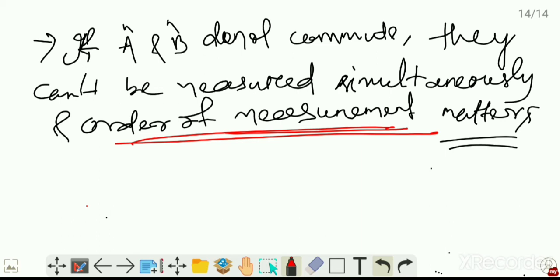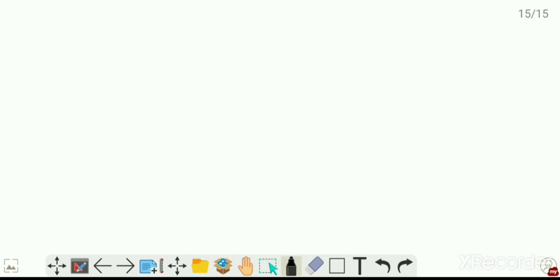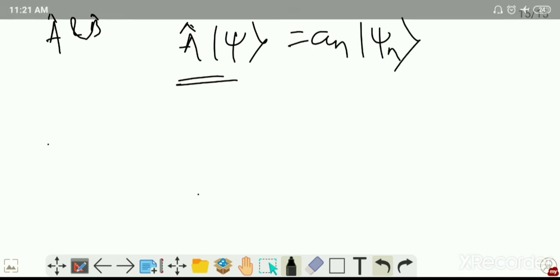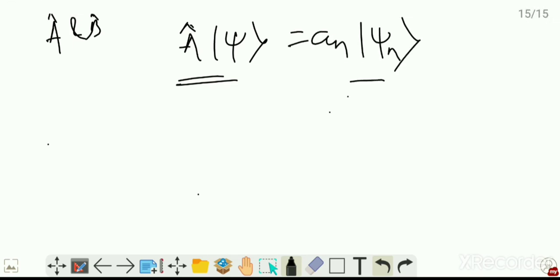We are taking two operators a cap and b cap. Now at first we'll measure a cap, that is a cap will operate on a state vector psi. Then it will give an and psi of n, that is the eigenstate of a.